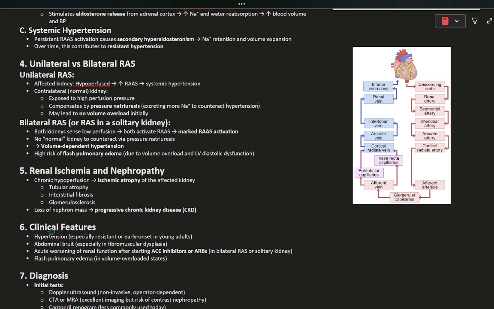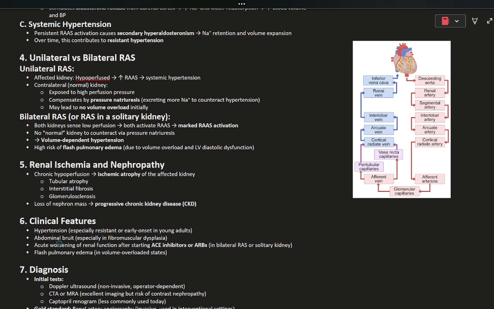So, what are some clinical features to watch out for? First, hypertension, especially resistant or early onset in young adults. We should also watch out for abdominal bruits whenever we can hear them, especially in cases of fibromuscular dysplasia.